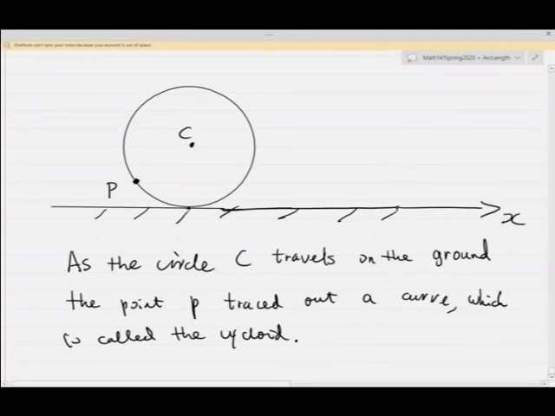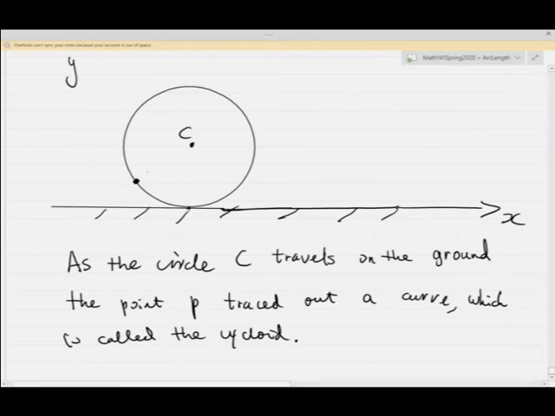This is the x coordinate, this is the y coordinate. Suppose we start from (0, 0).